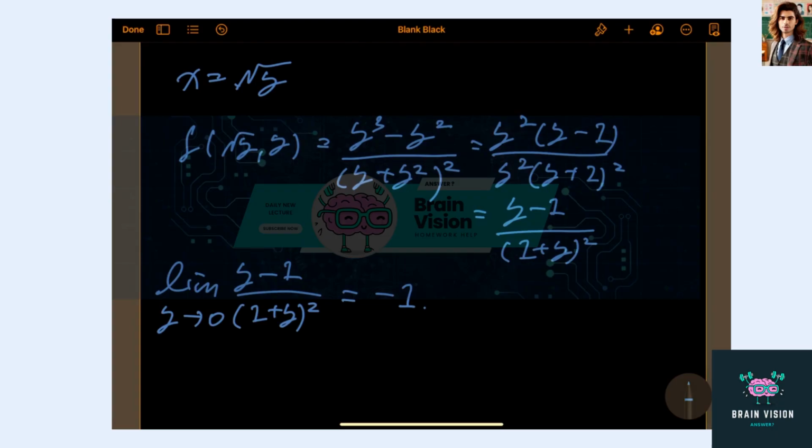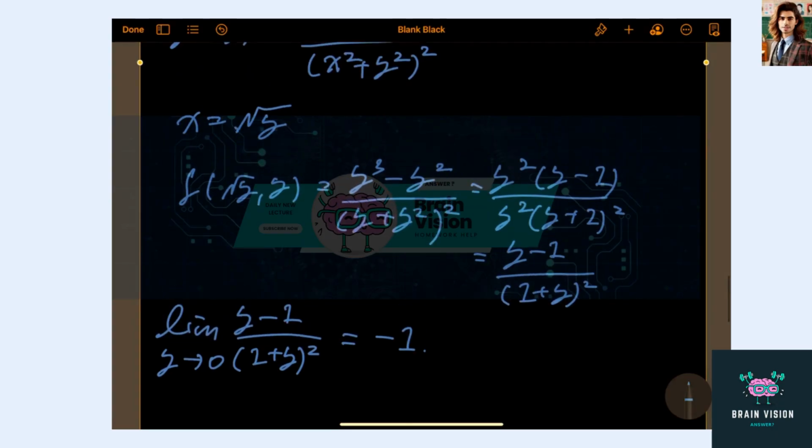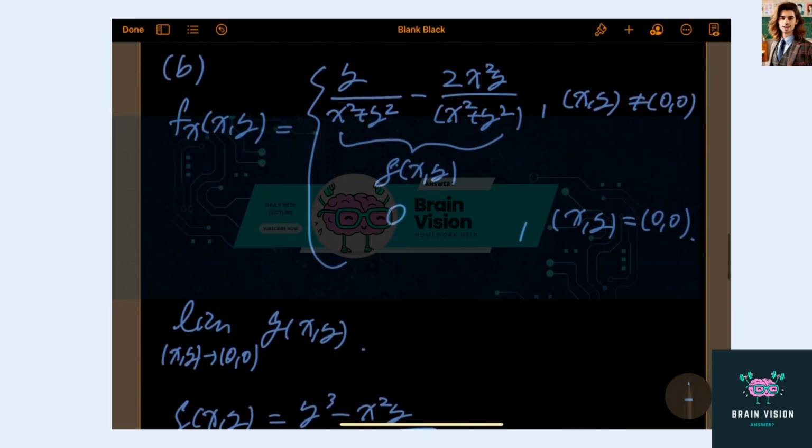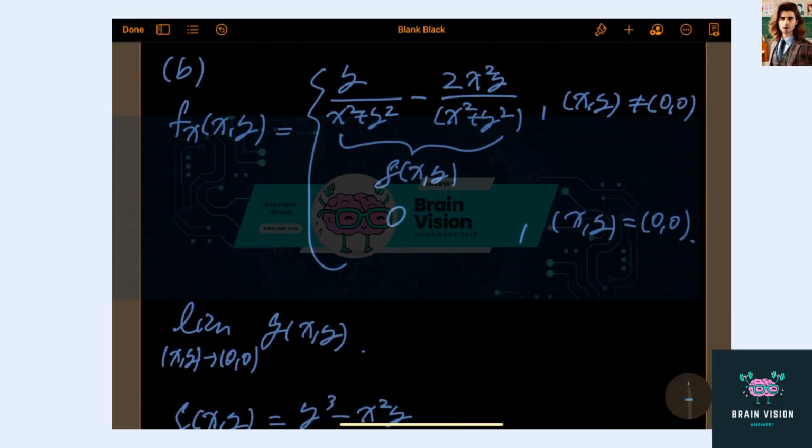So now we can conclude that f sub x, the partial derivative of f with respect to x, is not continuous at 0, 0, right?